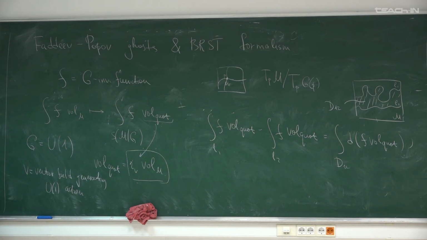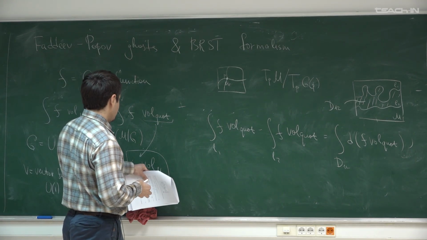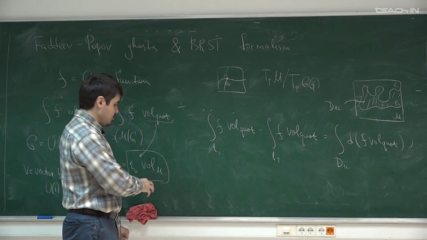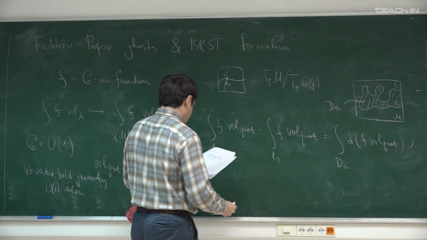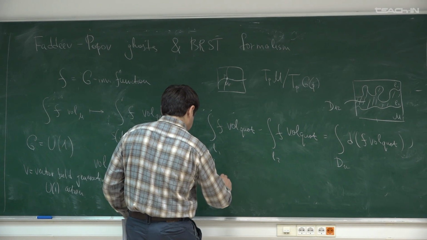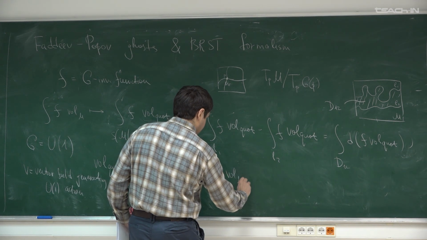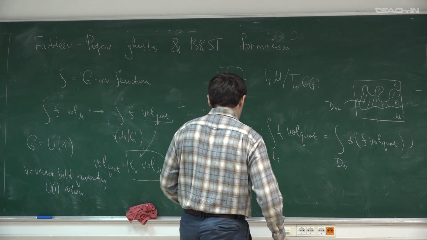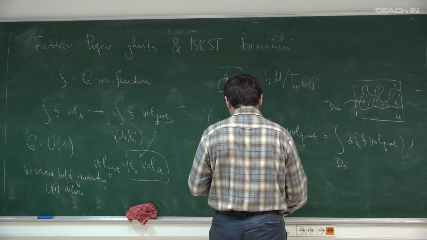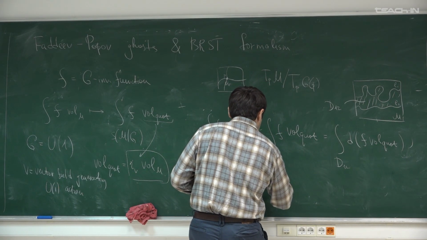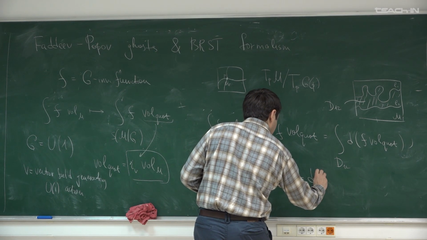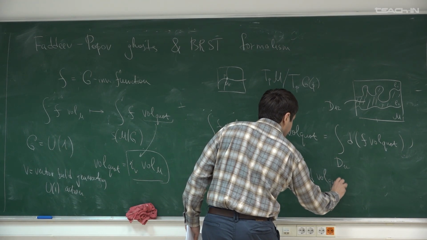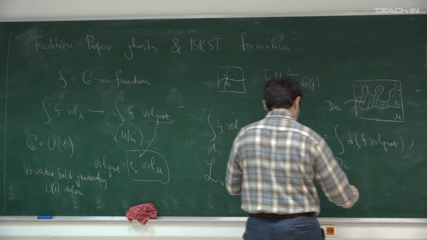So this is by Stokes' theorem. And now, we assume that everything is G invariant. So the original volume form was G invariant, U1 invariant in this case. Okay. So that means that the Lie derivative of the volume form along V was 0.